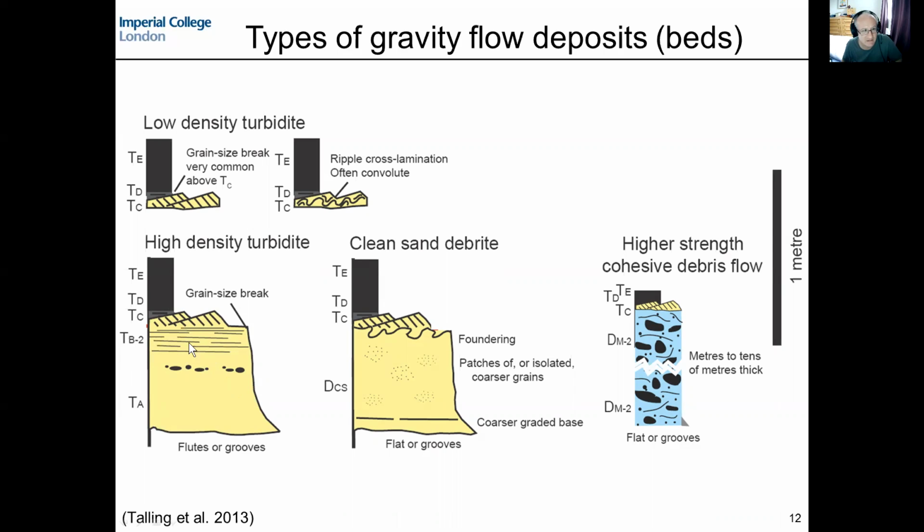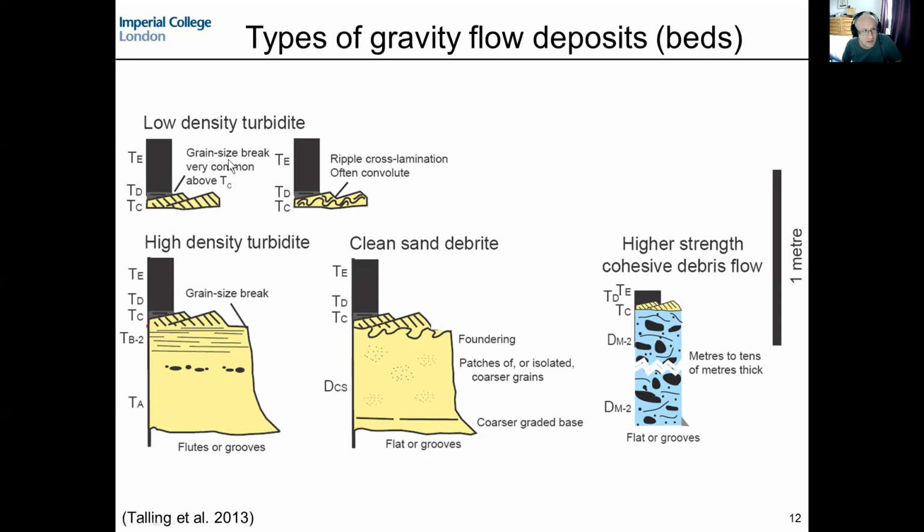TB is parallel laminated sandstone formed under high flow velocities, upper flow regime. Then ripples, that's the TC. TD is parallel laminated siltstones, representing low velocities, and then TE is mudstone, representing deposition in between these gravity flow events.